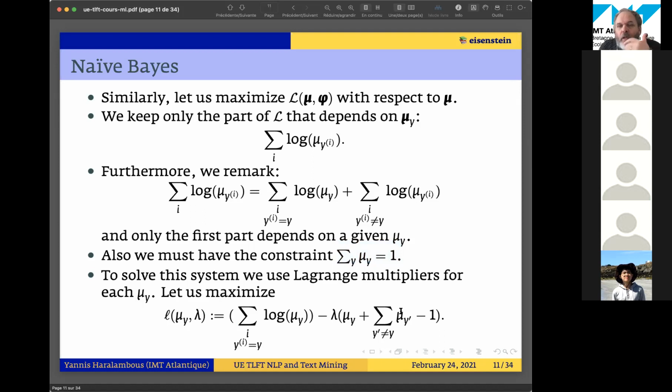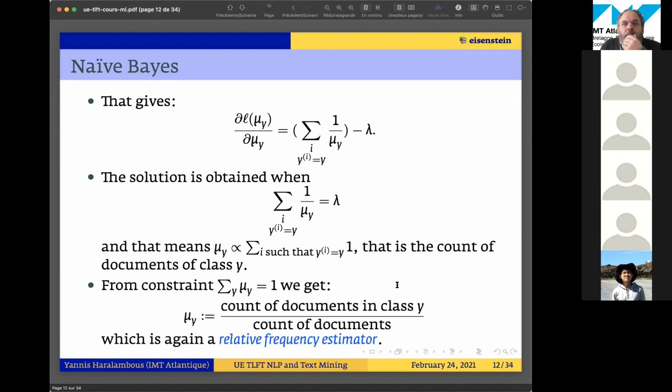Again, I can use Lagrange multipliers. Here it will be sigma mu minus 1 equals 0. And here I have this part. So the Lagrange multiplier will be this part minus lambda times this constraint.